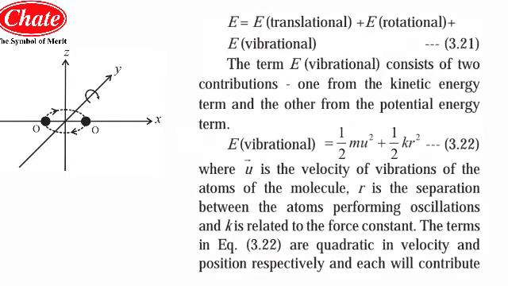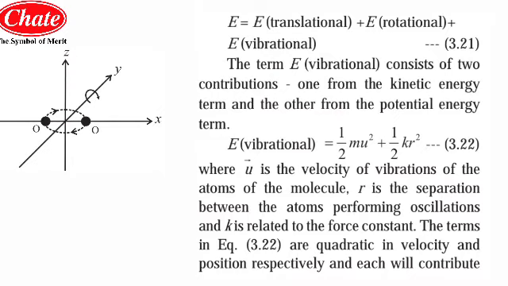Thus the total energy E is the energy due to the translational degrees of freedom plus the energy due to the rotational degrees of freedom plus the energy due to the vibrational degrees of freedom. The vibrational term consists of two contributions, one from the kinetic energy term and the other from the potential energy term.